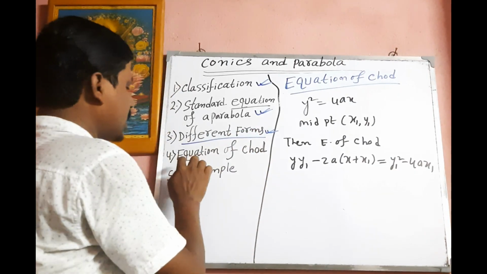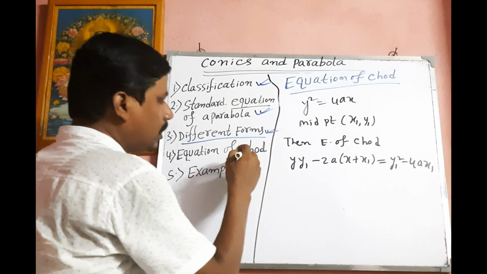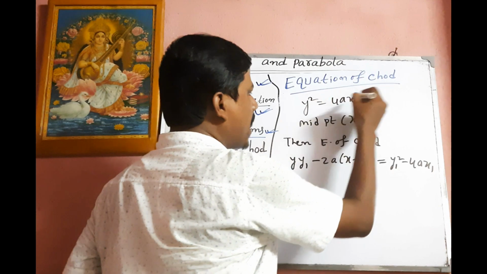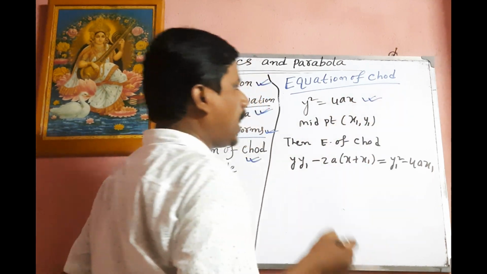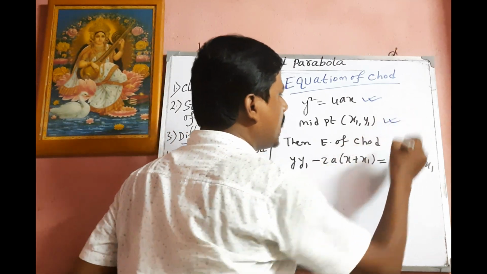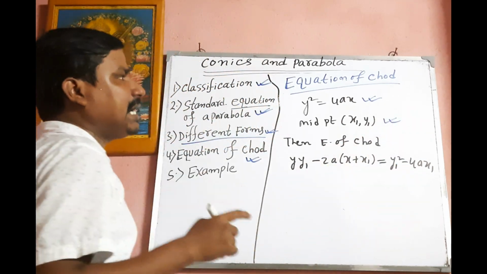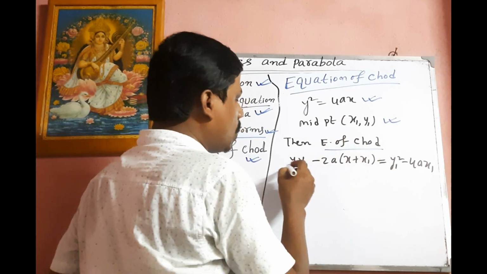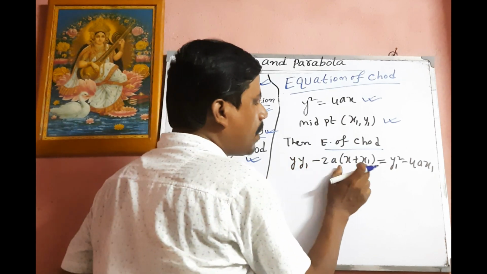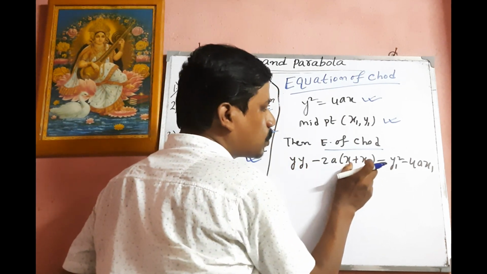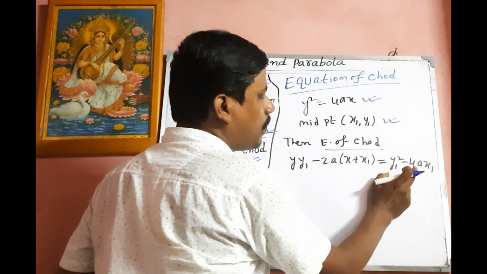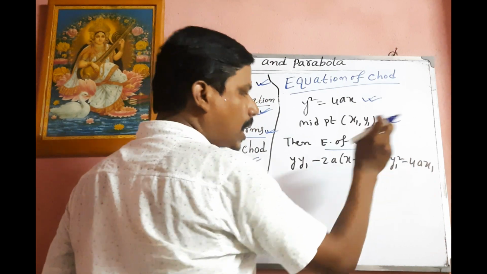We are discussing the fourth part, the equation of the chord of the parabola. If y square is equal to 4ax is the equation of the parabola, and x1, y1 is a midpoint, then the equation of the chord will be (y1 minus 2a) times (x plus x1) is equal to y1 square minus 4a x1.